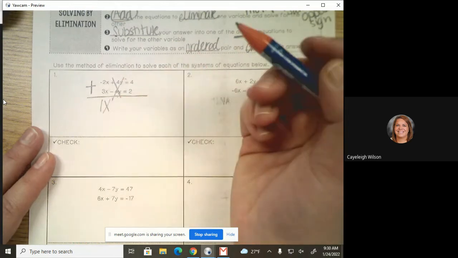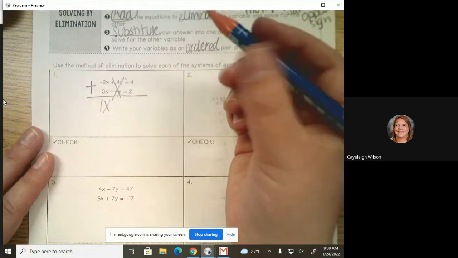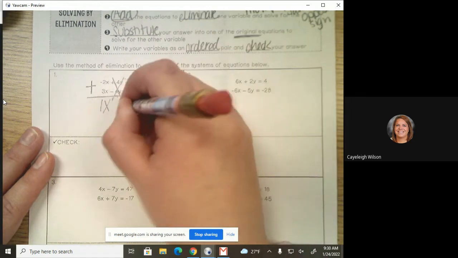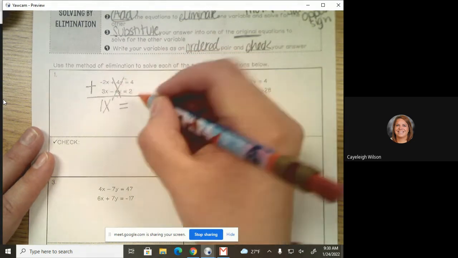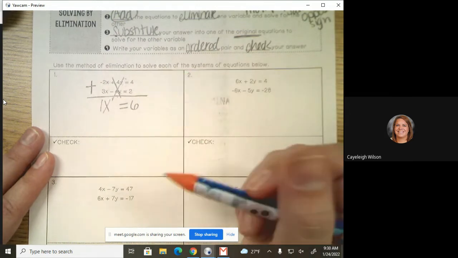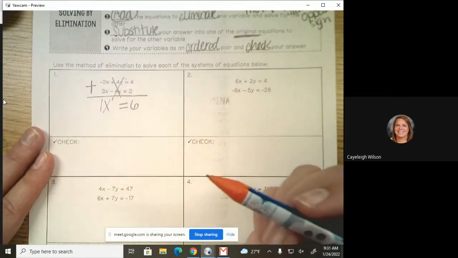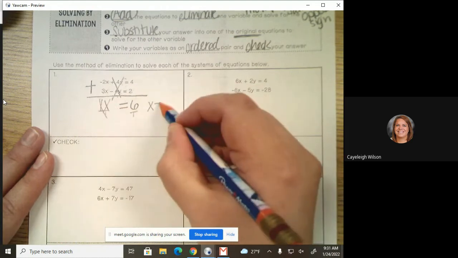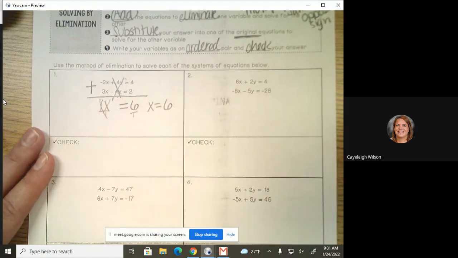So they eliminate. So I'm going to put an X through them because they're eliminated. They're gone. And then equals 4 plus 2 is 6. And then you just solve that one-step equation. So divide by 1. You don't have to divide by 1 because it's just the same. But x equals 6.